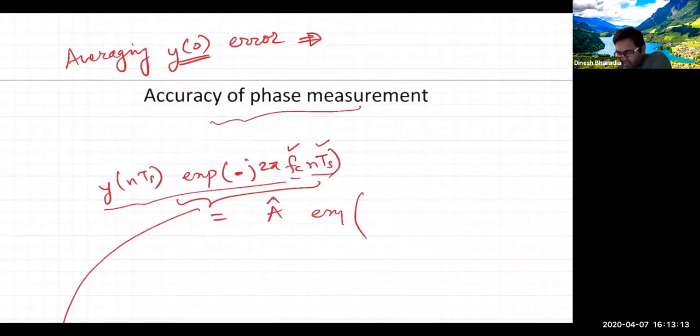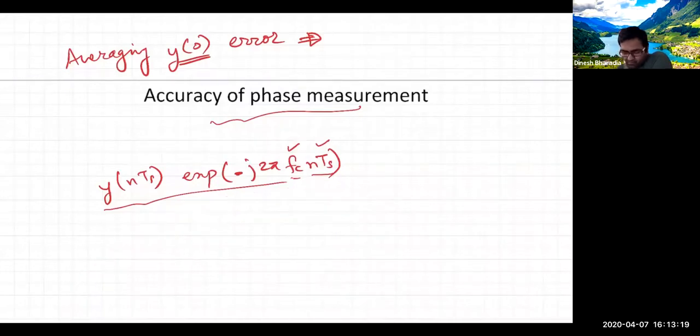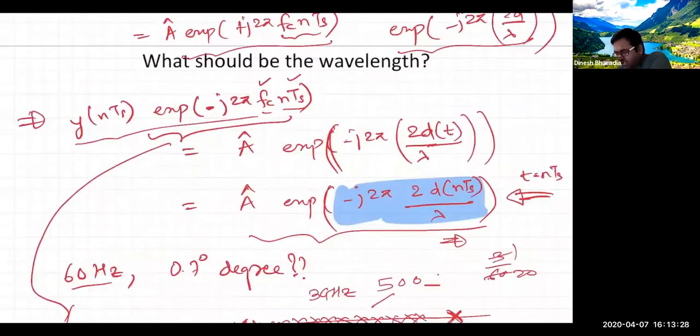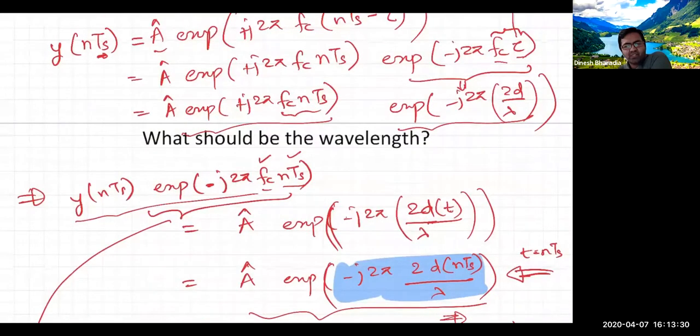Everybody can see this expression. This was the expression we essentially drew upon here, which has constant amplitude and this phase term, and we are averaging this.